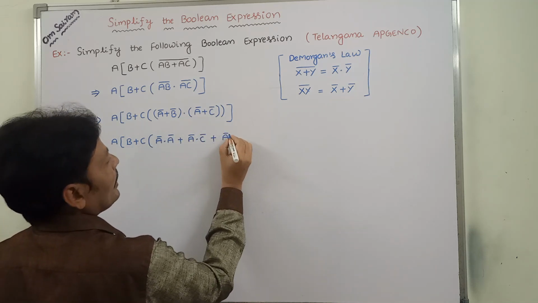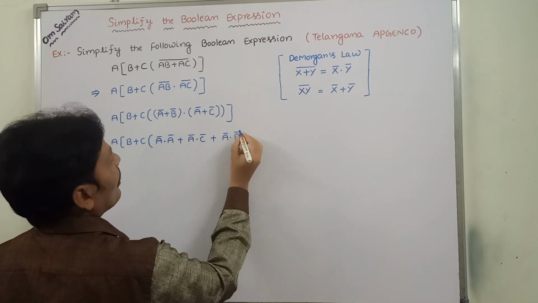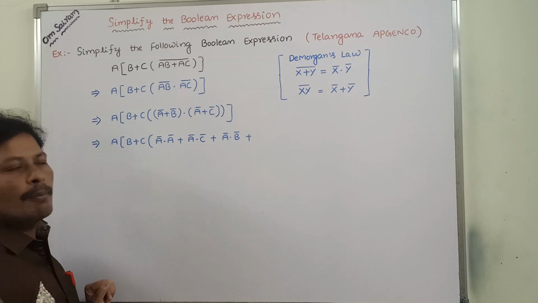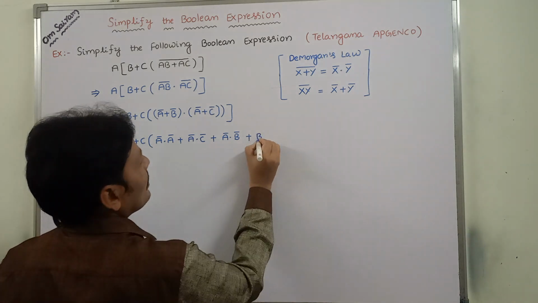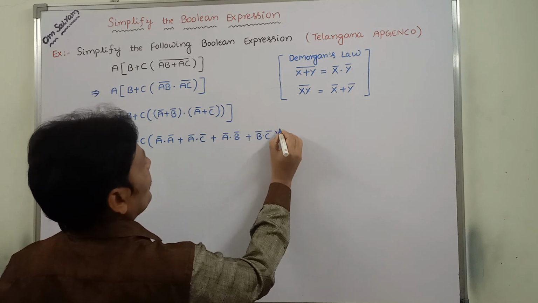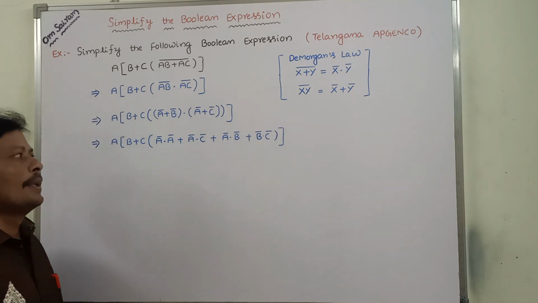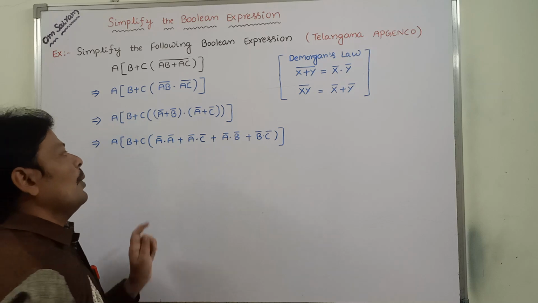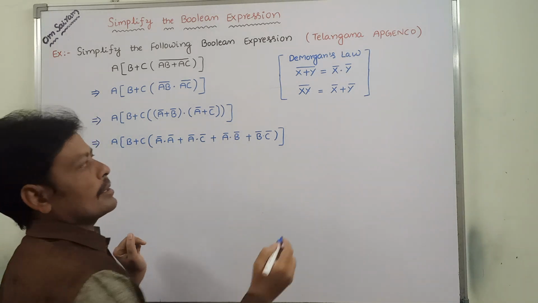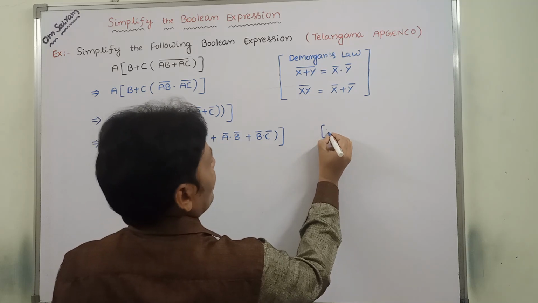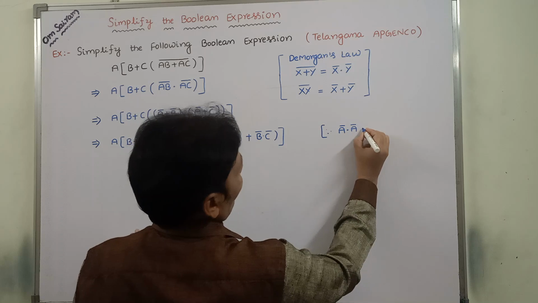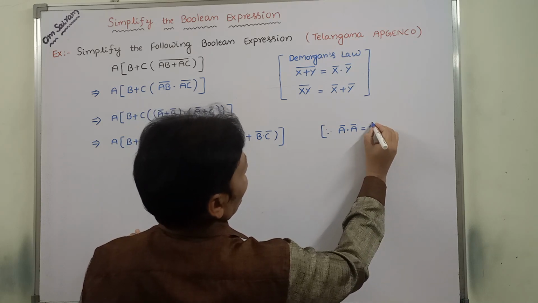Then we are getting A bar into B bar, plus B bar is multiplied with C bar. Then we are getting B bar into C bar. Next one. We already know that A bar into A bar is nothing but A bar.